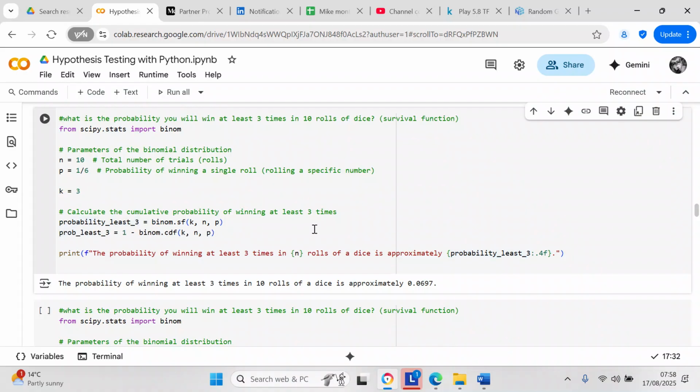A different way to write the same thing is prob at least 3 equals 1 minus binom.cdf, that's cumulative distribution function.